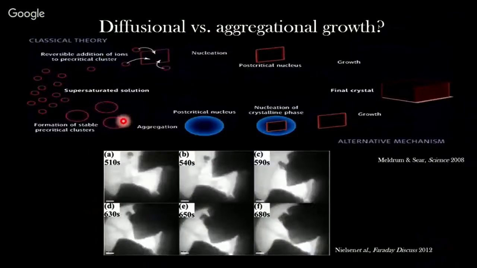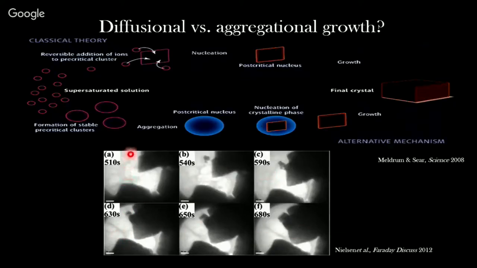One of the critical proofs came with in situ electron microscopy techniques, like the one you have here. This is the video of a crystal. This would be a crystal, and this would be a particle. And this is a different time. This is 510 seconds, and the time increases here, and then further increases here.